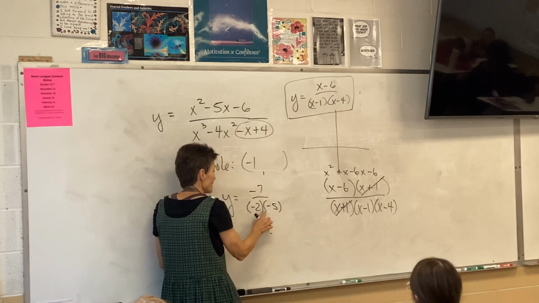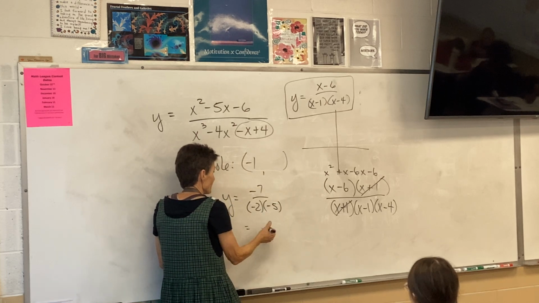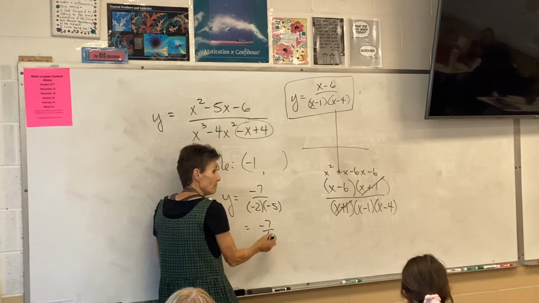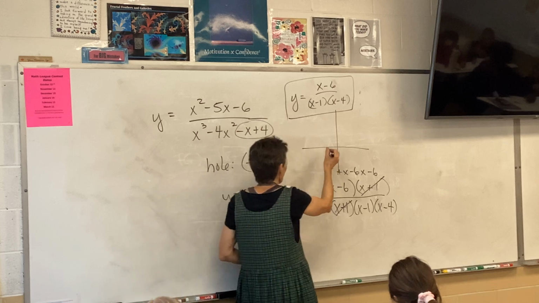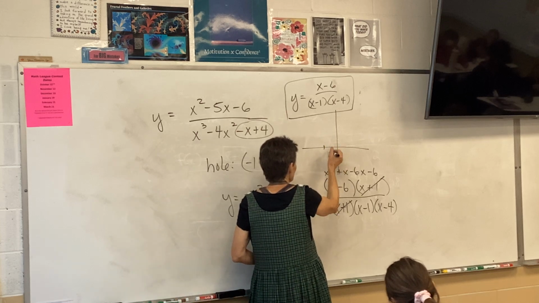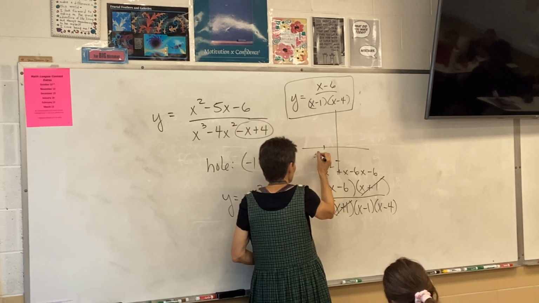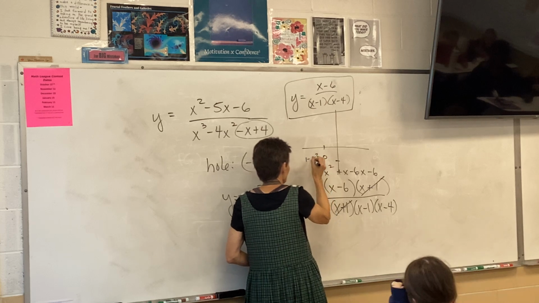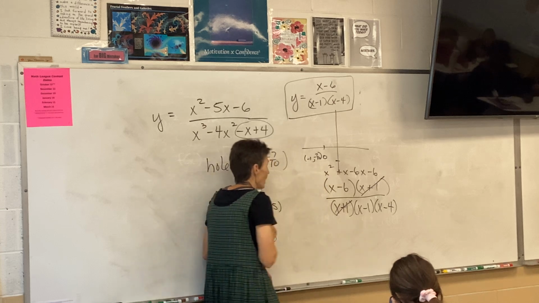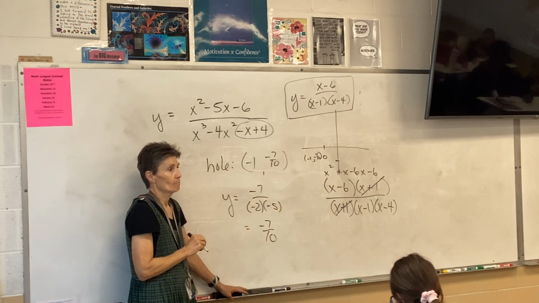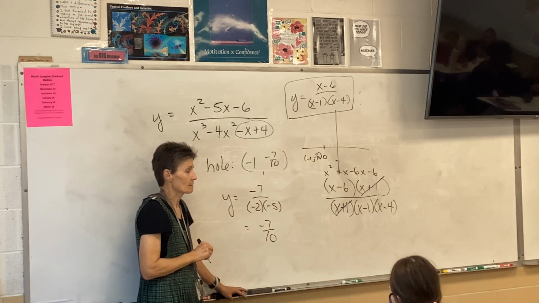Now remember, these are being multiplied. So I'm getting negative 7 over 10. So on my graph, at negative 1 the y is negative 7/10. Open dot. Left 1, down 7/10.